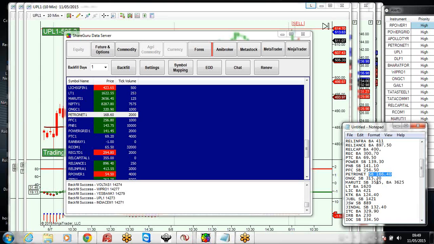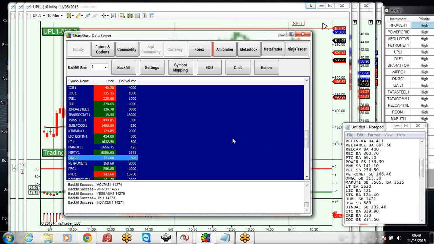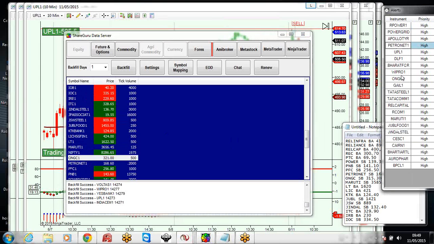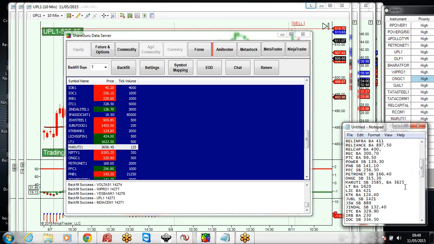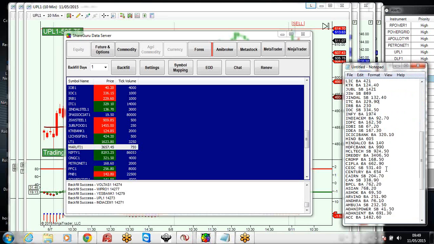Let's check the charts once more. So ONGC we had a recent buy here. You can see that here. $3656 is a buy. 3625 is a buy here for Maruti. Now it is at 3655. So these are some of the calls that we have entered.